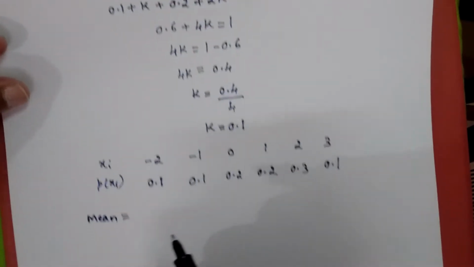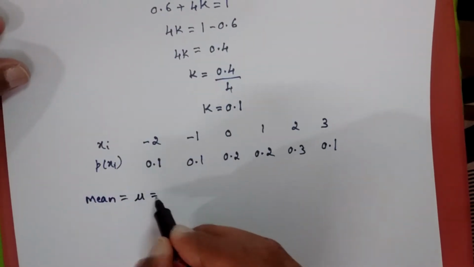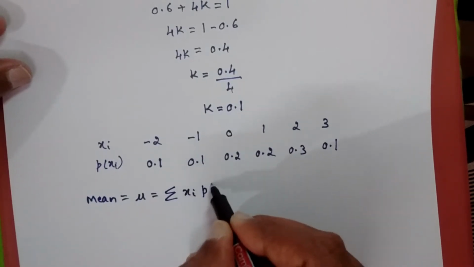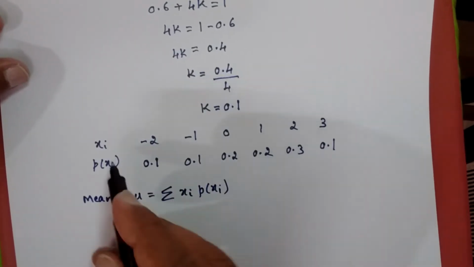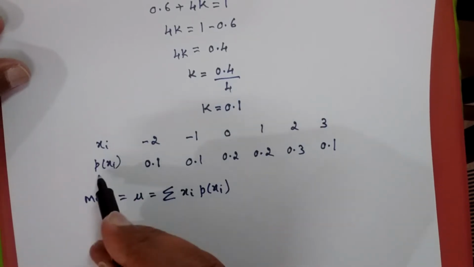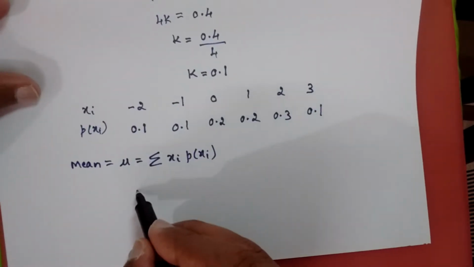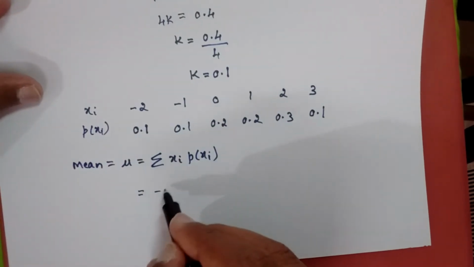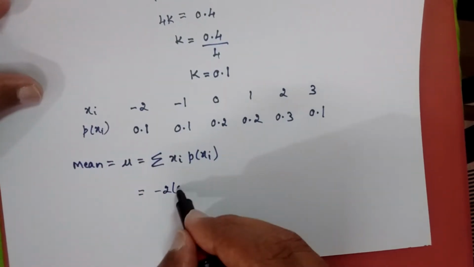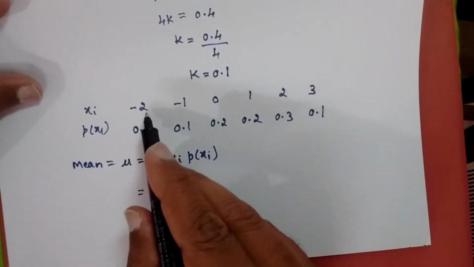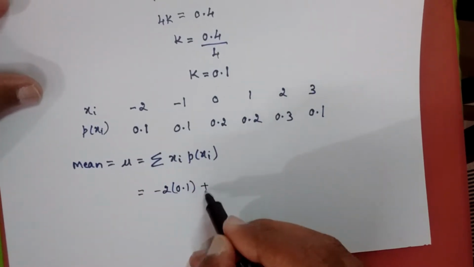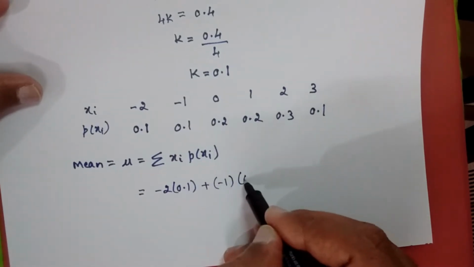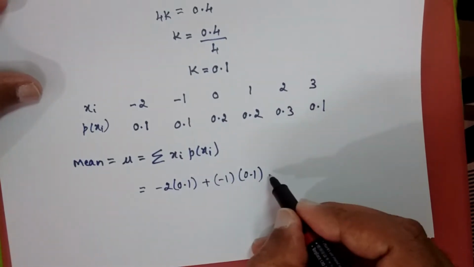The mean mu is equal to the summation of xi into p of xi. That means you just multiply x into p of x. The first value is minus 2 times 0.1. Then minus 1 into 0.1.